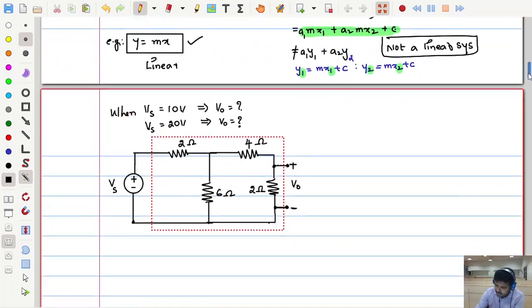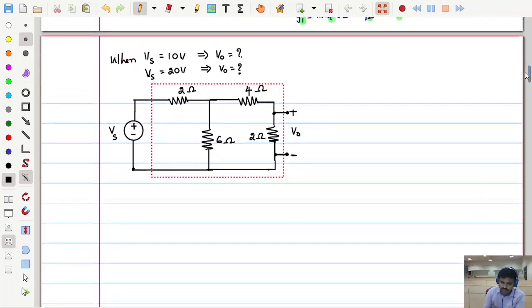So one more interesting thing here. Try to observe this red highlighted box, which is some system. Let us assume that this is a linear system. This system has some input.